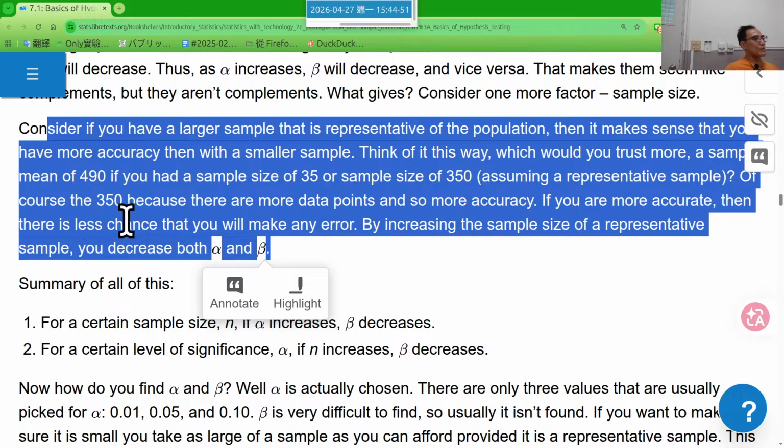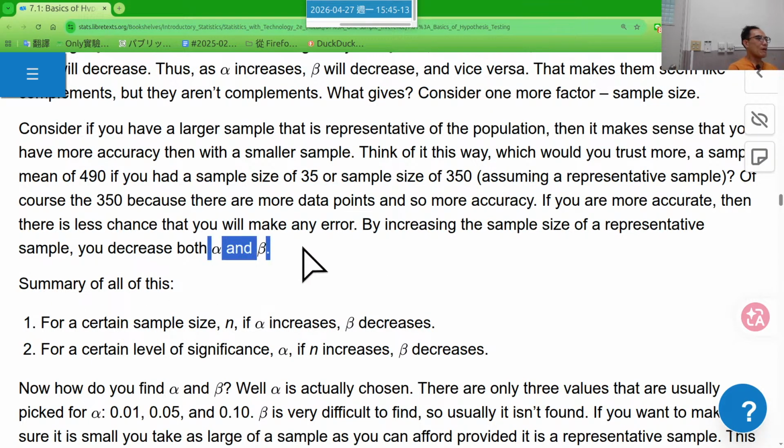The 350, because there are more data points and so more accuracy. If you are more accurate, there is less chance that you will make any error. By increasing the sample size of a representative sample, you decrease both alpha and beta.